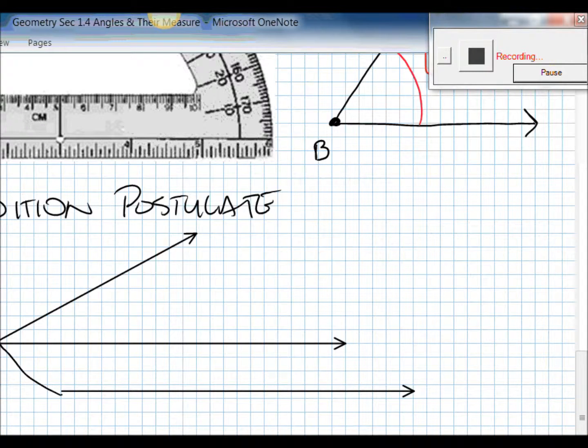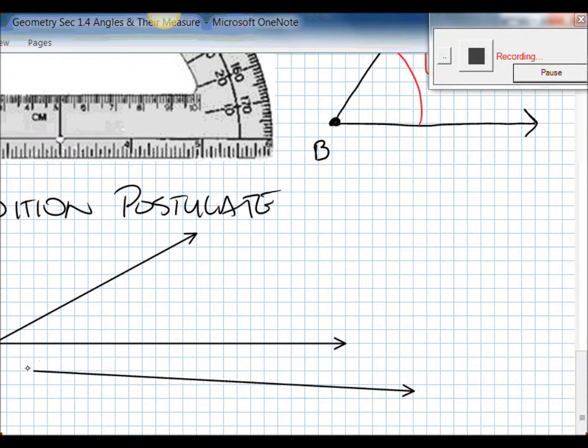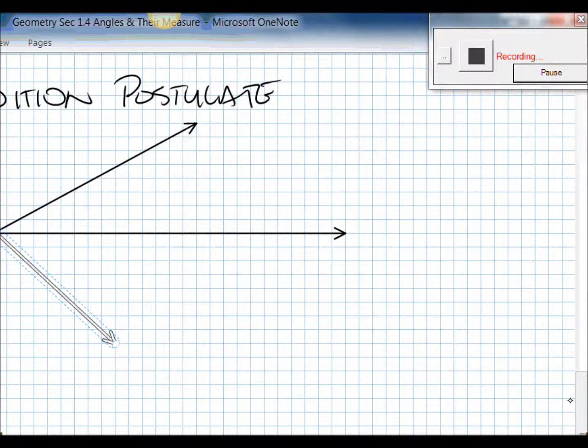Alright, so draw 3 rays connected at a single vertex again. And we will call our vertex, in this particular case, A. I'd like you to put a dot or a point on your top ray. We'll call that point R. I'd like you to put a point on your middle ray from your vertex. Call that point P. And put a point on your bottom ray from your vertex, and we'll call that point T.